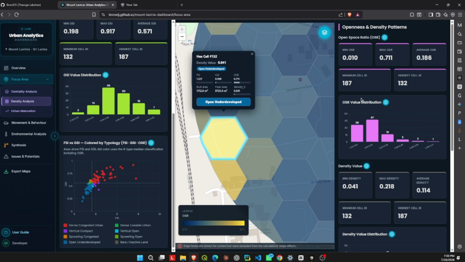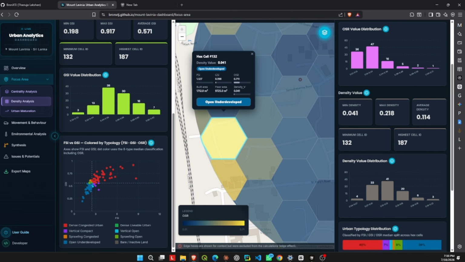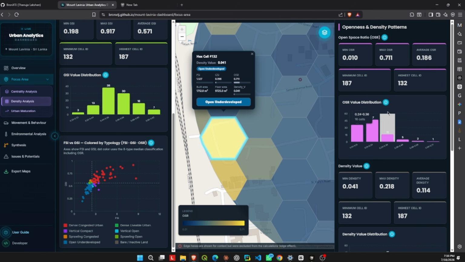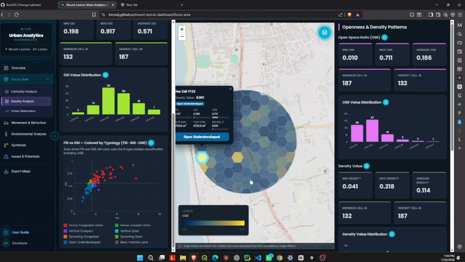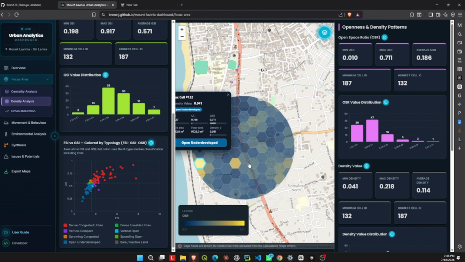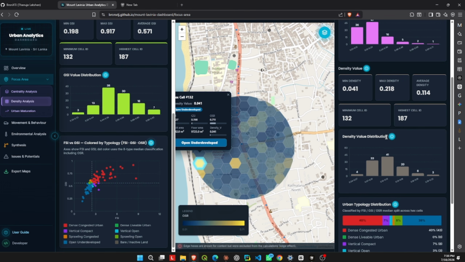Here again, the OSR value distribution is the same as GSI, and OSR shows that open space is limited across the study area. You can see the lowest one has only 5 or 6 hex cells. And the final one, the density value summary.